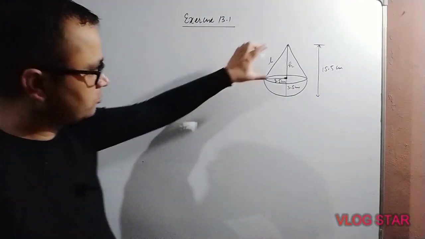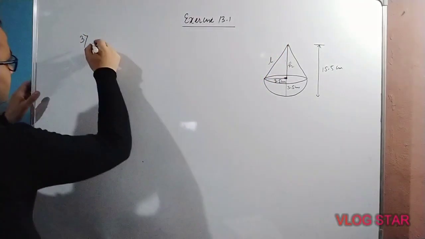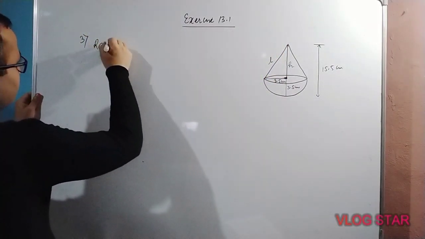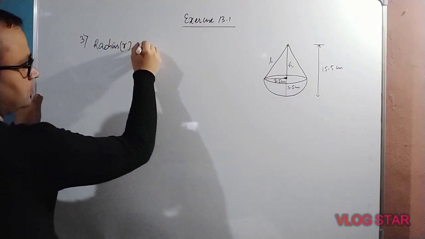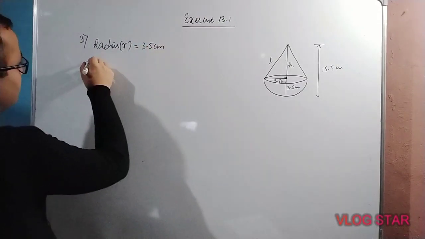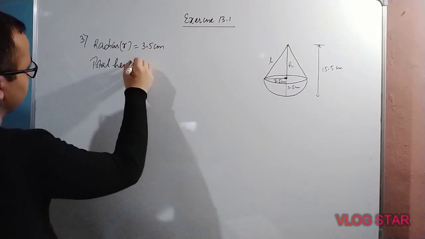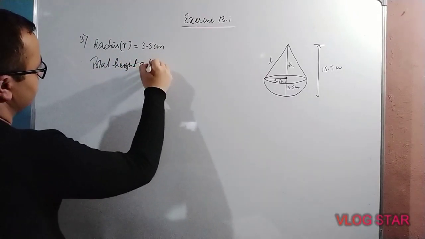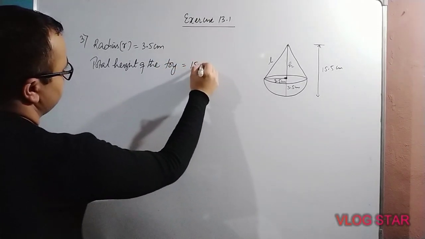Now first we will calculate the height of the conical portion. Radius r equals 3.5 centimeter, and the total height of the toy is 15.5 centimeter.